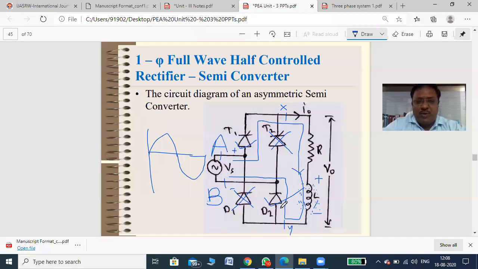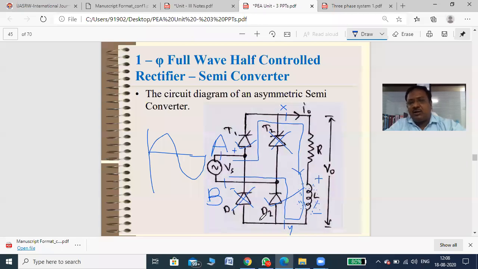Now, whenever you apply the triggering pulse to thyristor T1, it starts to conduct and current starts to flow from Vs, then A, then thyristor T1, then terminal X, then R, then L, then terminal Y, then diode D2, then B, and back to the Vs, right?